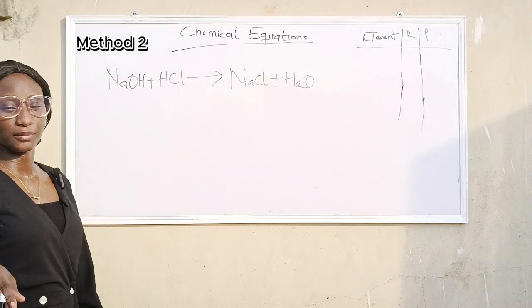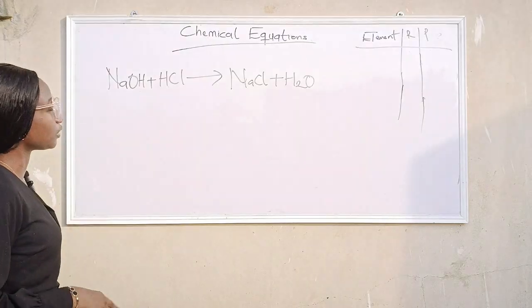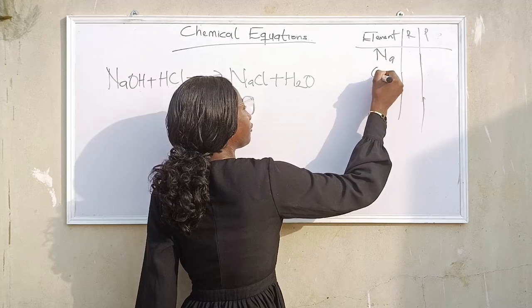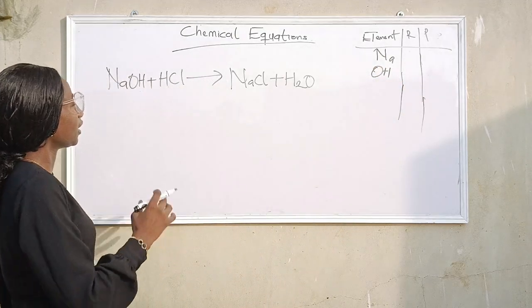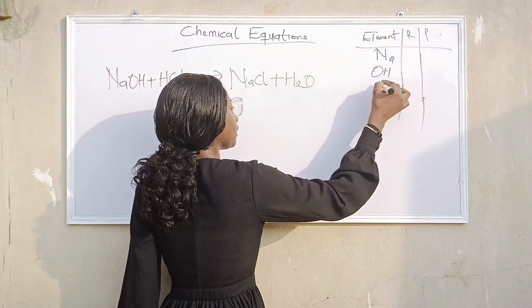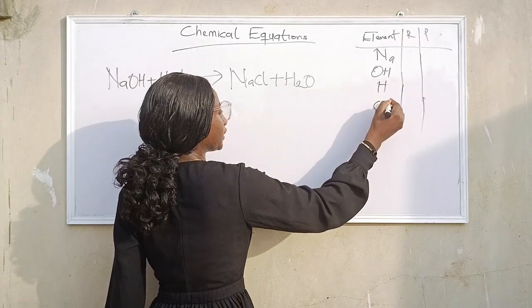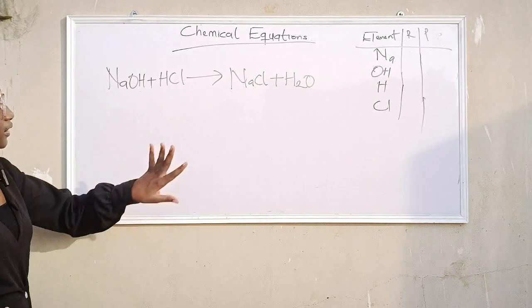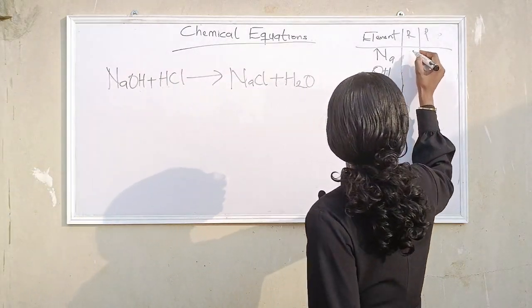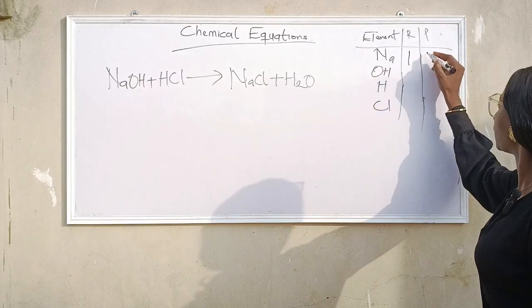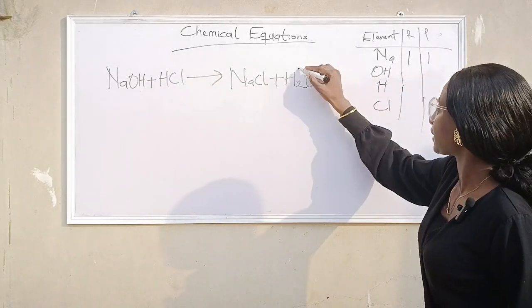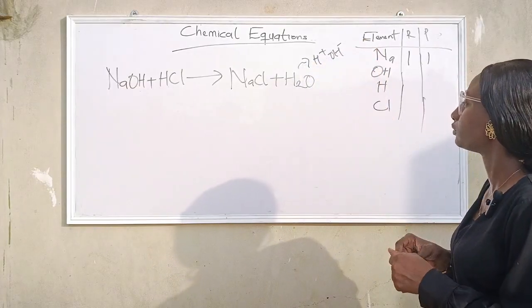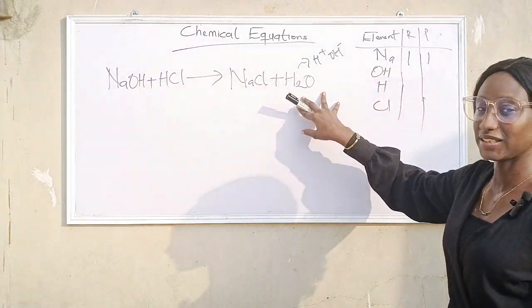Now, OH is a polyatomic ion in this particular equation. So we can say that we have sodium, we have OH, so we are treating it as a single entity. We have hydrogen, which is a separate entity here, and we have chlorine. So let's see if this method will work. Alright, so sodium here and sodium here, 1 and 1. Remember that this is like H plus and OH minus, so that is the way we will see this H2O.